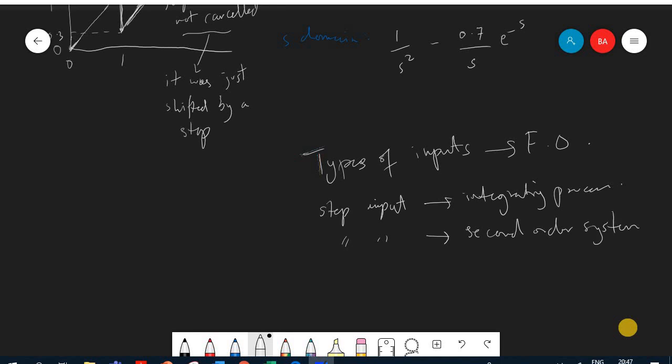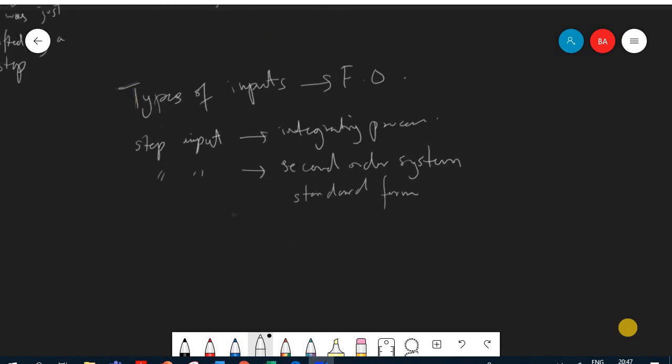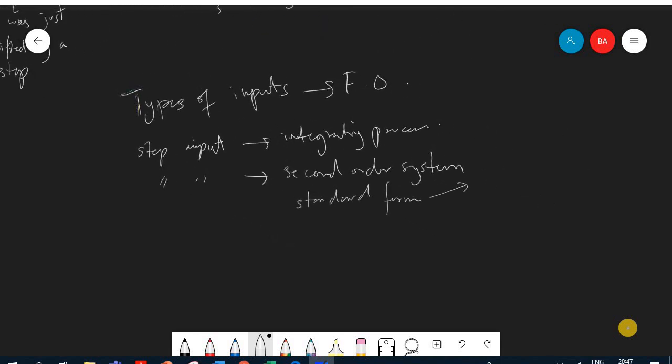After we had done that for a second order system, we got to know the standard form of a second order, and from the standard form, how to know when it is overdamped, when it is critically damped, and when it is underdamped.